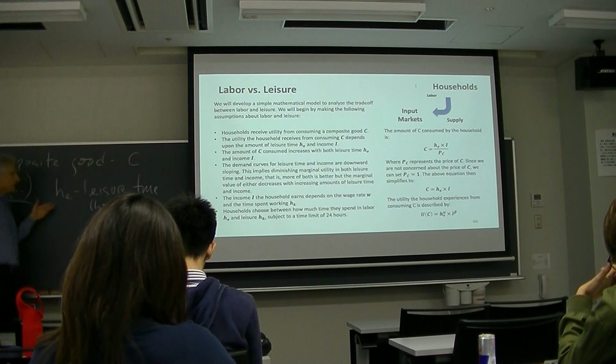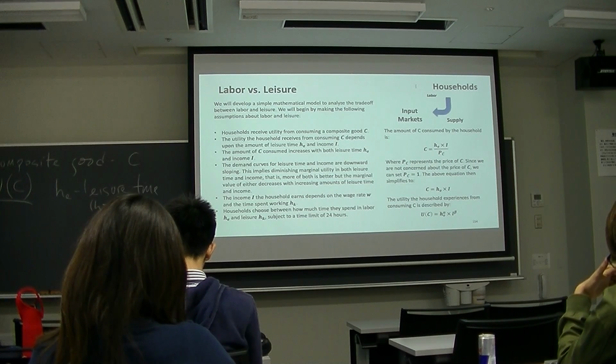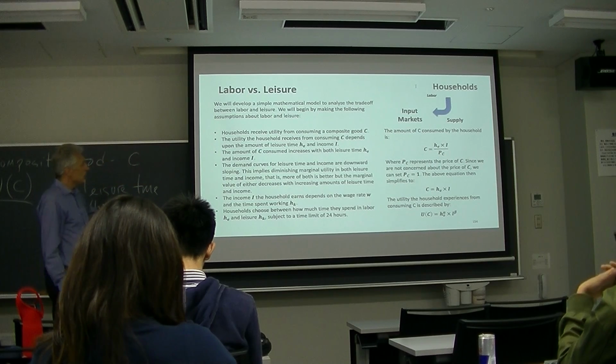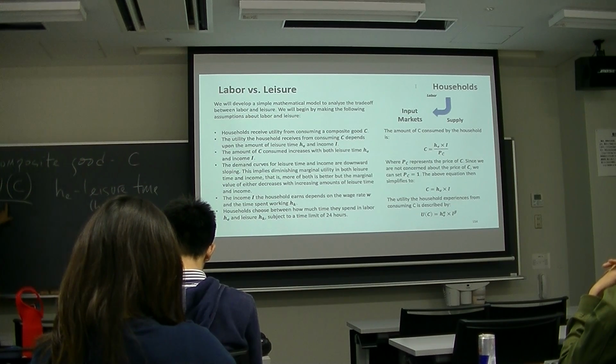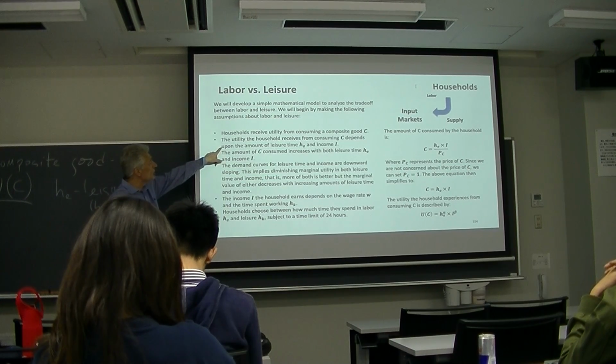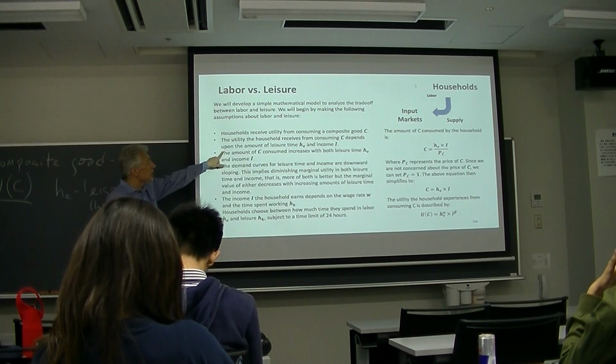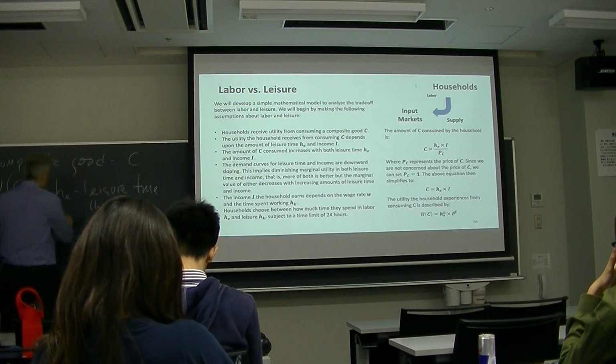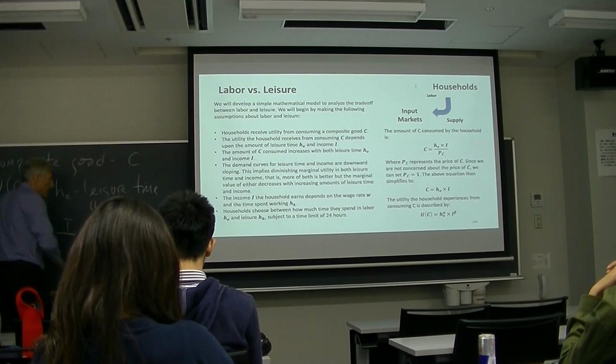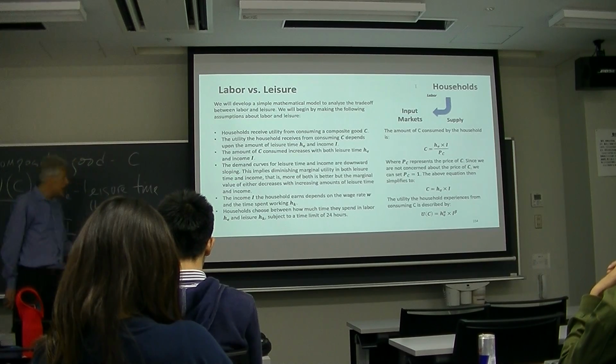And income: the more money we have, the more C we can consume. So the utility we receive from consuming C depends upon the amount of leisure time and income. Income I is the amount of money we earn.